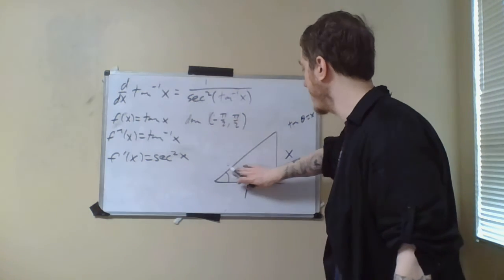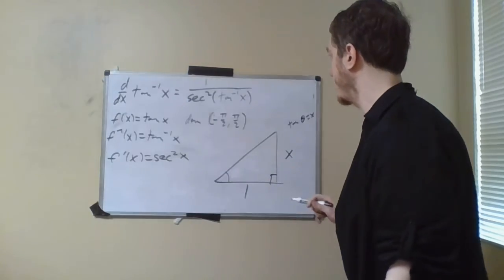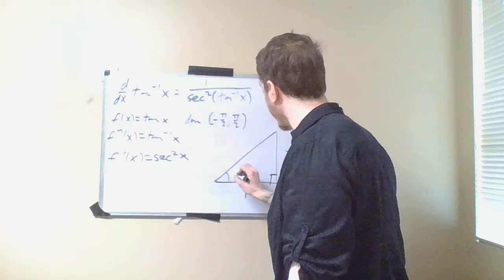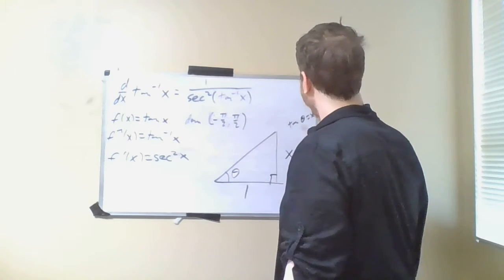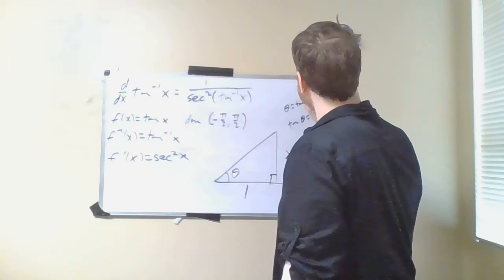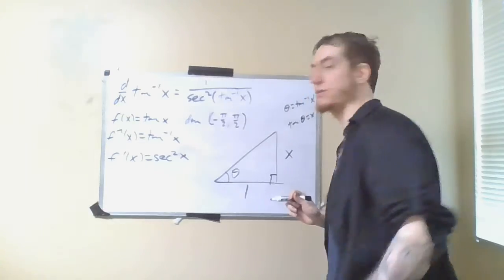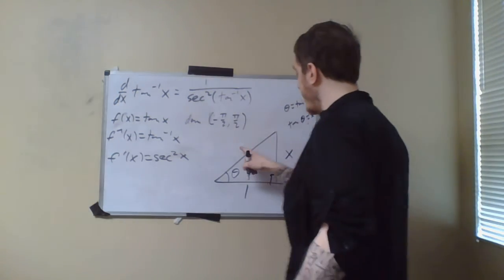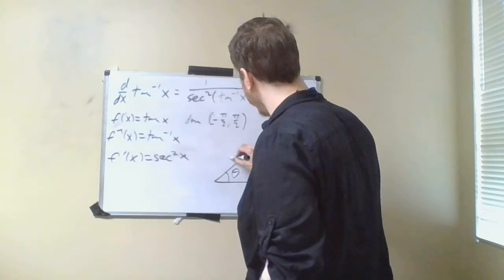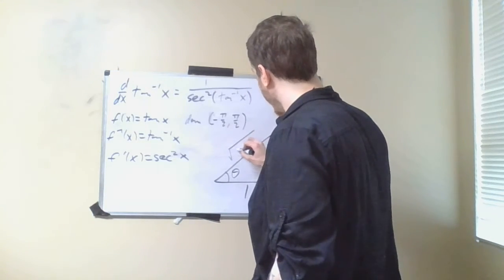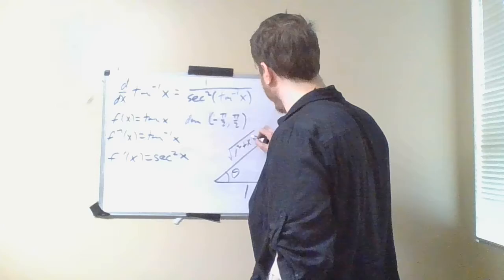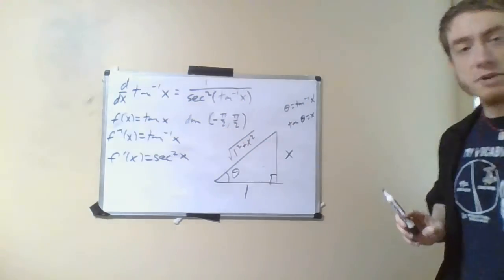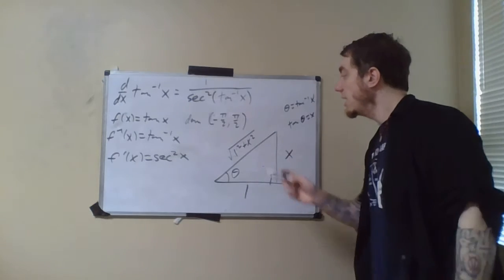I'm sorry, I'm doing this rather poorly. No, that is exactly what I want to do. So theta is tan inverse of x. Next, that makes the hypotenuse the square root of 1 squared plus x squared. I'm sorry, my hypotenuse notation got a little screwy looking.